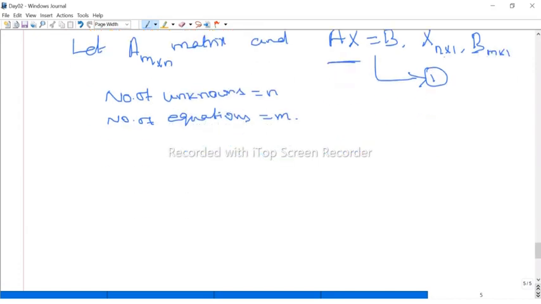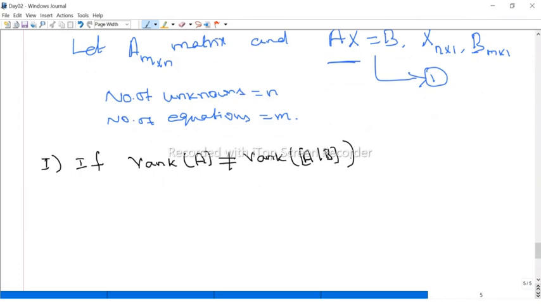First, if the rank of the matrix A is not equal to the rank of the augmented matrix, that is A adjoined with B, then the system 1 has no solution.